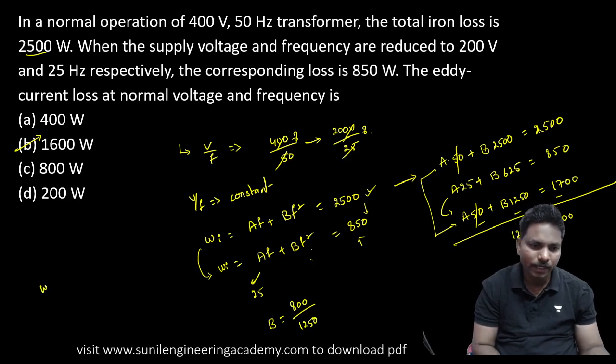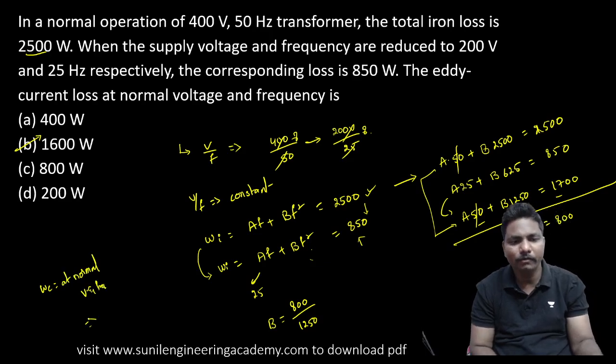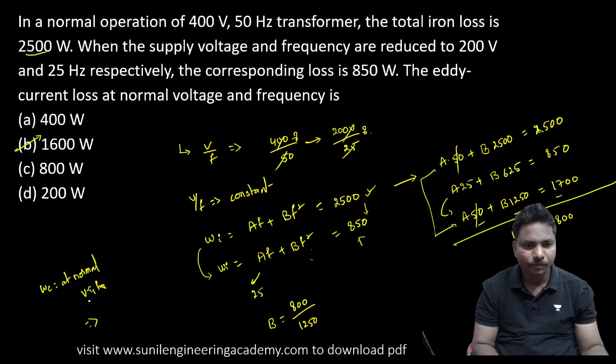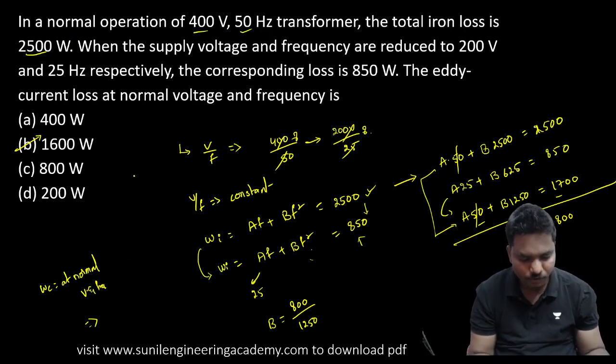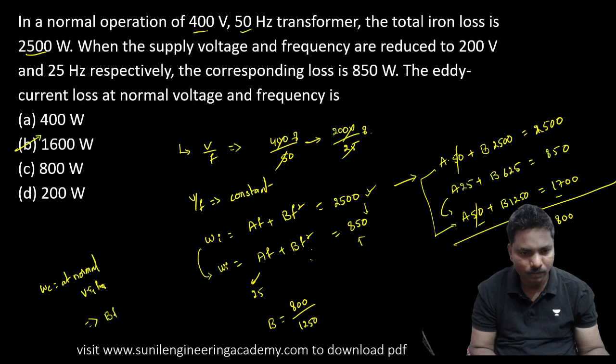So the eddy current losses at normal voltage and normal frequency, in the first case, is nothing but BF square. AF plus BF square, no, this BF square is for the eddy current loss. So B is nothing but 800 by 1250.